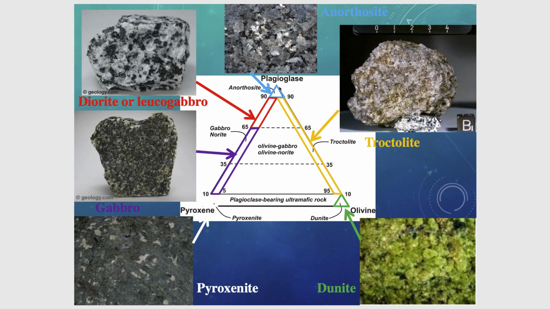Troctolites, we go up and increase the plagioclase content, and you see dramatically a change in the color of the rock, so the white becomes more prominent, and we have a mixture essentially of olivine and anorthositic composition, so much more anorthite and essentially much more plagioclase, which will change the appearance of the rock.